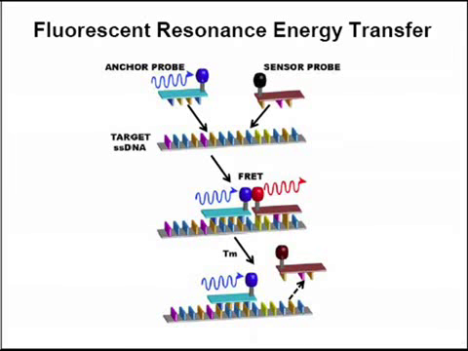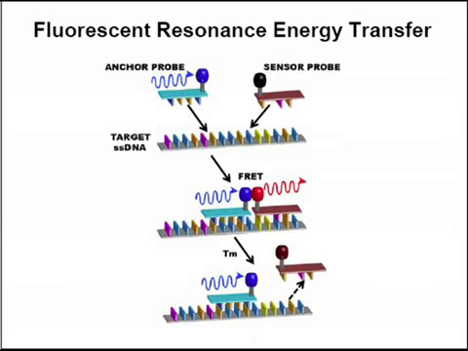FRET relies on engineered hybridization probes. These pairs, shown here in the upper left, the anchor probe, and on the upper right, the sensor probe, bind to a specific area of a target piece of DNA. The anchor probe has a fluorophore which is excited by one specific wavelength. In this case, it is the blue wavelength. The sensor probe is not excitable by the blue light.